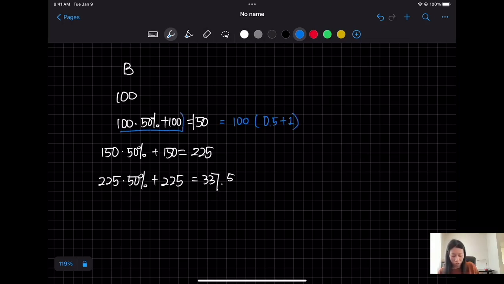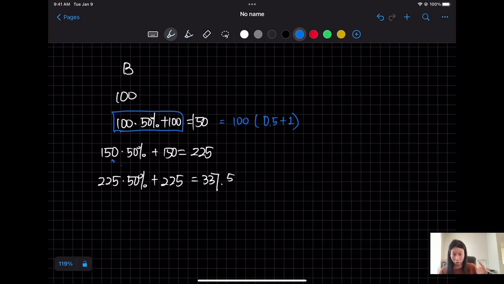That's how you represent it. We factor 100 out. Now we do the same thing for 150. So 150 is equal to 100 times (0.5 plus 1). And for the next step, we can write it as (0.5 plus 1), factoring 150 out.